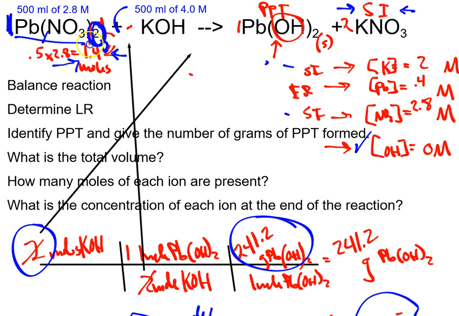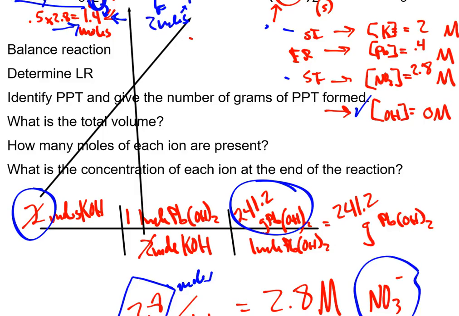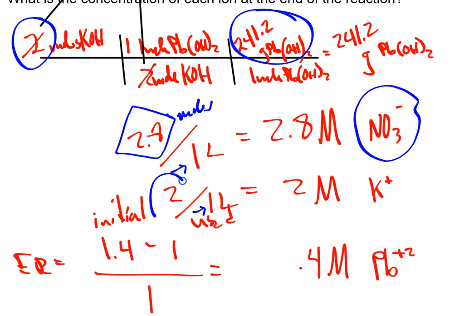Since there's no subscript on K or OH, whatever the concentration of this equals is the same for K and OH. So 0.5 times 4 was 2 moles. K will be 2 moles. OH will be 2 moles. So I come down. That's where this 2 came from. The new volume is 1. I get 2.